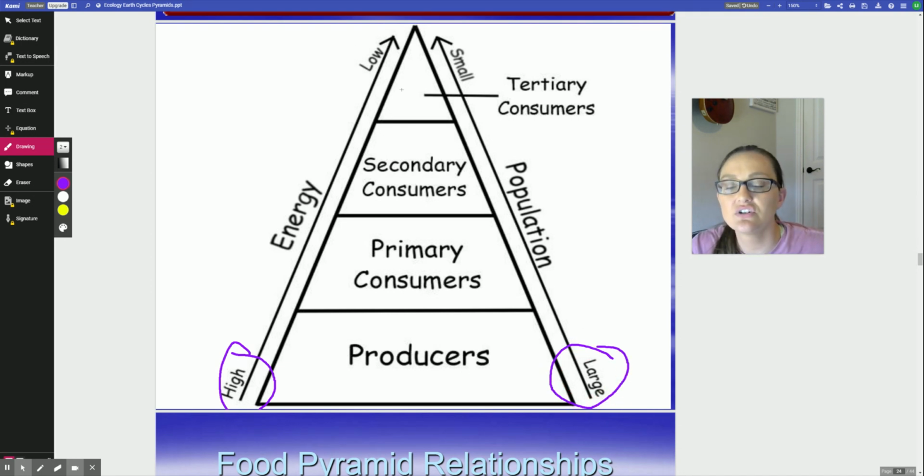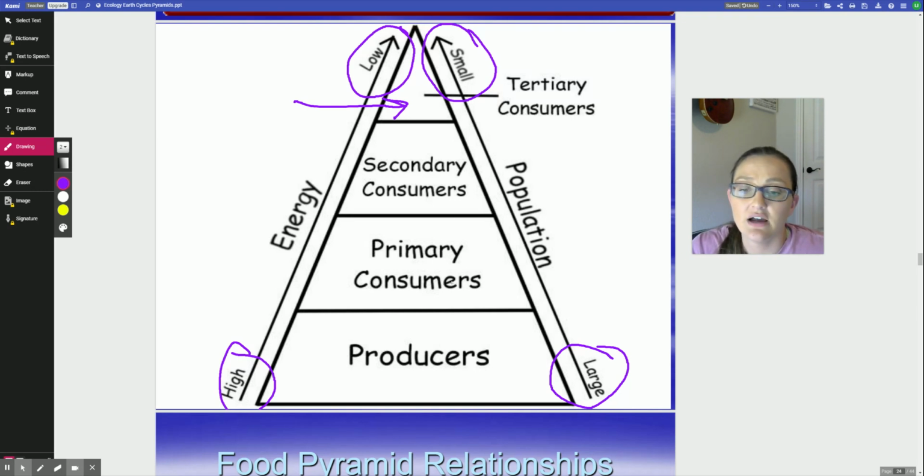And then as you go to tertiary consumers, the energy is low and the population size is small. And so this makes sense because the pyramid cannot sustain a ton of top consumers. What are they going to eat? First of all, the biggest population would be producers, and then primary, then secondary, and the smallest would be tertiary or quaternary, which would be above that.